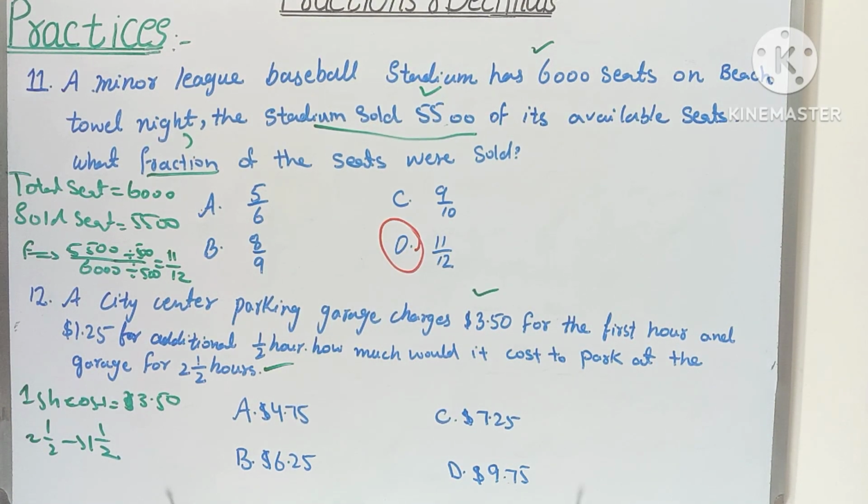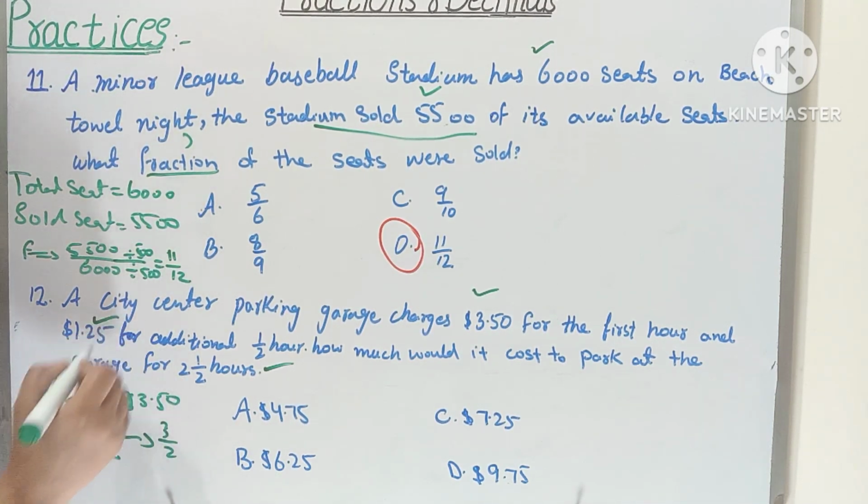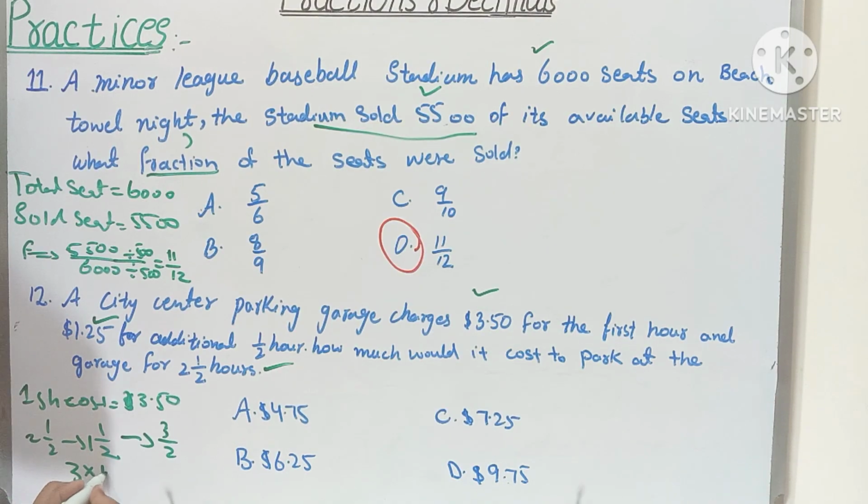Since each additional charge is for a half hour, we need to see how many half hour segments are in 1 1/2 hours. 1 1/2 hours is equal to 3/2 when we convert to an improper fraction: 2 times 1 plus 1 is 3/2. Then we multiply 3 with $1.25. So my answer is $3.75.